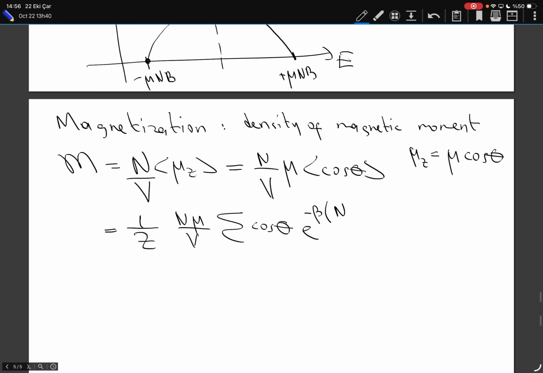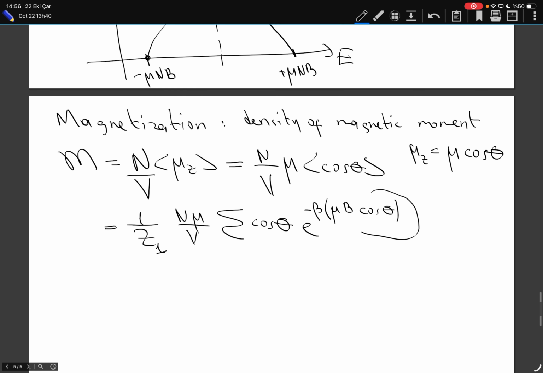Well, sorry, this is Z1. Let me remove the N over there. Cosine theta. Okay. Minus beta times E divided by Z, that is the probability. Energy is minus mu B cosine theta of a single dipole.